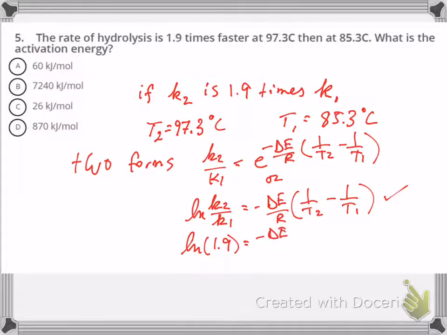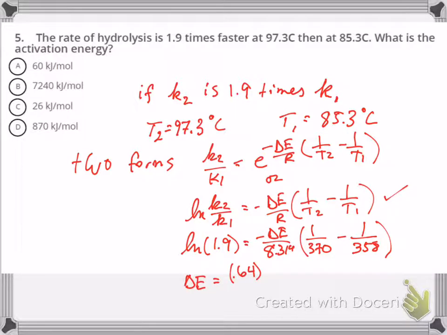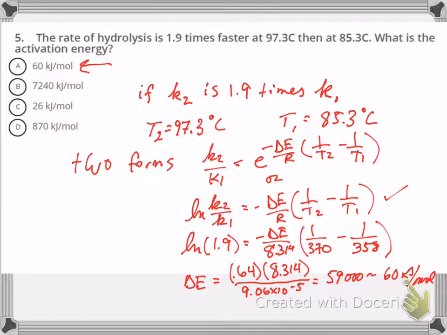We don't know the activation energy, but we know R. We plug in the temperatures, making sure that we put in the Kelvin temperatures. We can then solve for delta E because the ln of 1.9 is 0.64. Multiply by R, 8.314, and divide by the reciprocal of 370 minus the reciprocal of 358. When you do that, you get about 59,000, which is about 60 kilojoules per mole. The answer is A.